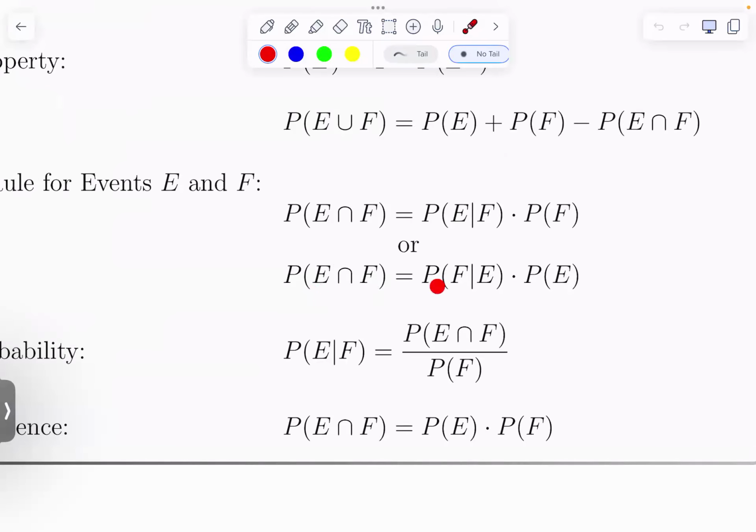What did we do? We multiplied this P of E over, so this P of E went over here. And if you needed to find the probability of F and E, or the probability of E and F, but you have these two components, then you could do that. It's on your formula sheet. I actually don't think it needs to be on your formula sheet because you have this formula that does it all.